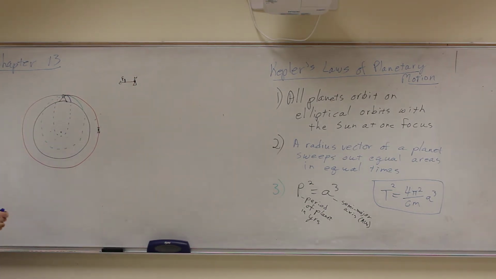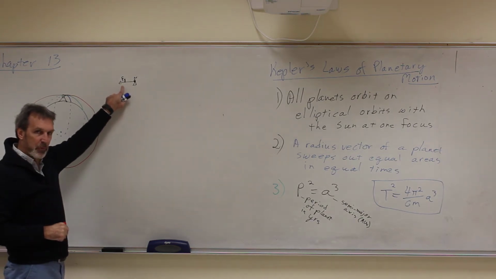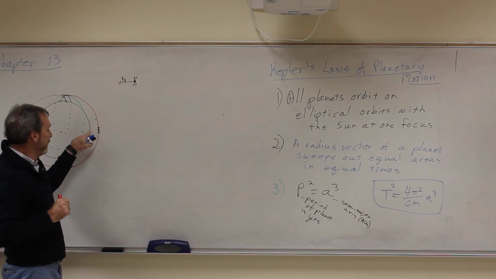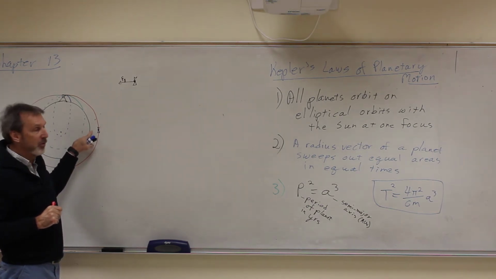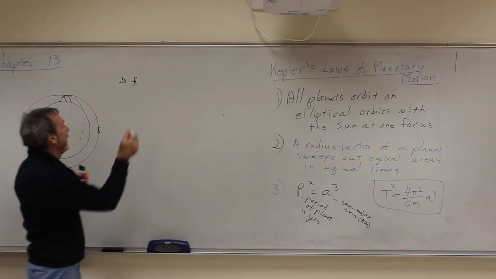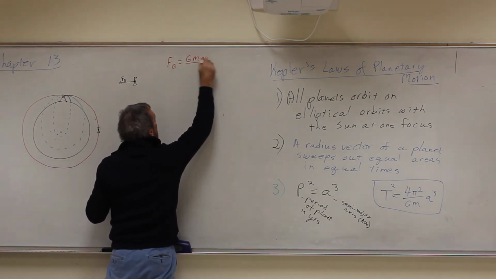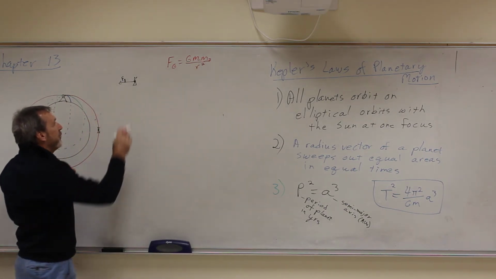But look, we can't put mg in here anymore, because remember, our little g only works if we're on the surface of the Earth. So we have to put in Newton's gravitational formulation. This is G m1 m2 over r squared, right?